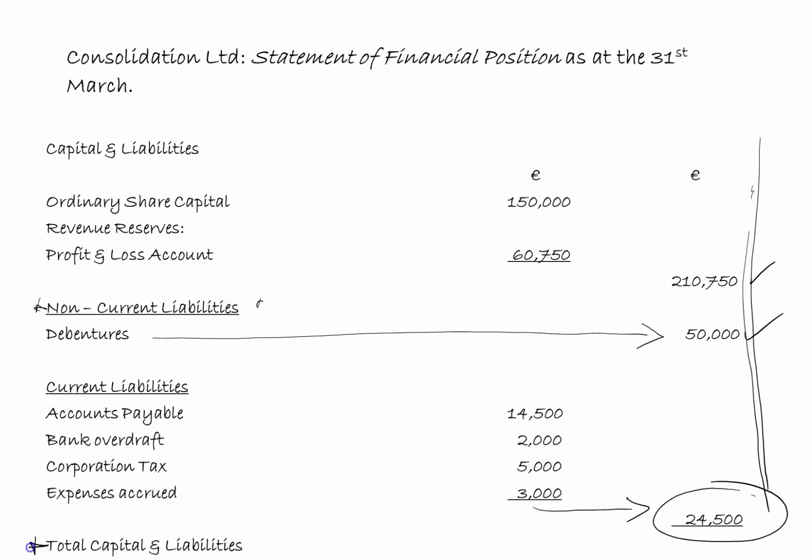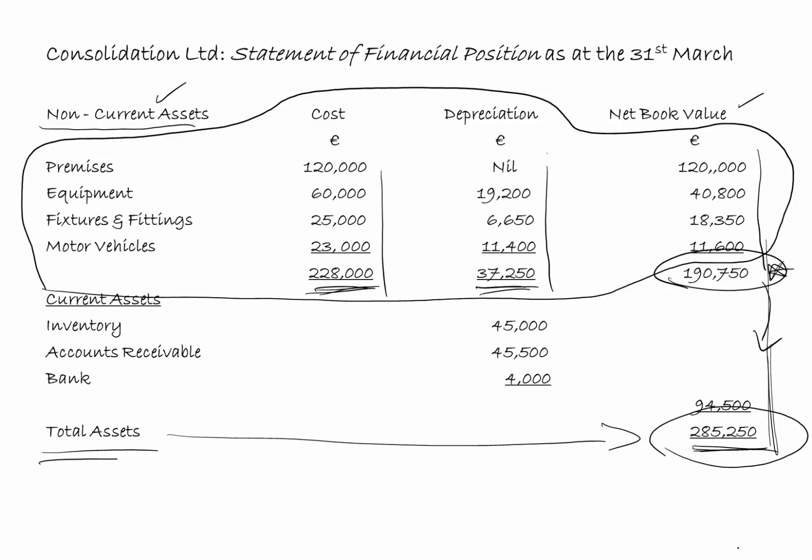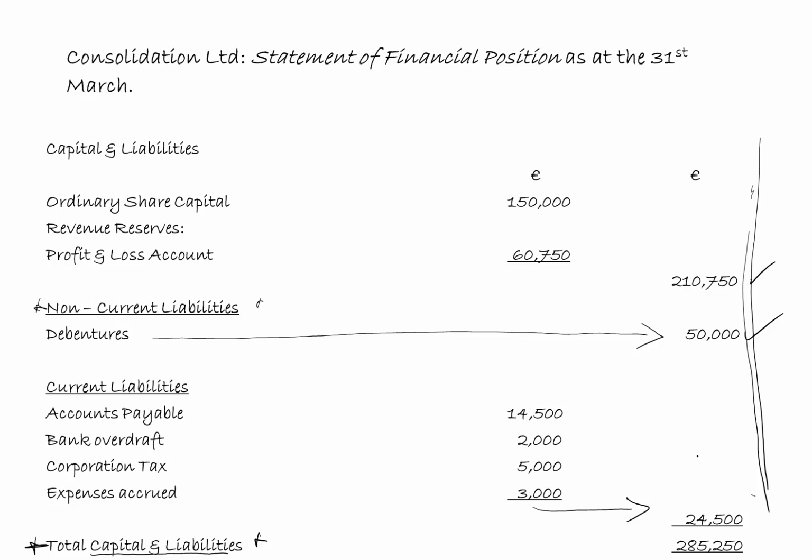And then when I add that all up, that'll give me my total of capital and liabilities, and that figure comes to 285,250. Let me just go back here for a second then. So I have total assets, 285,250, equals capital and liabilities, 285,250. Okay, so that finishes that.